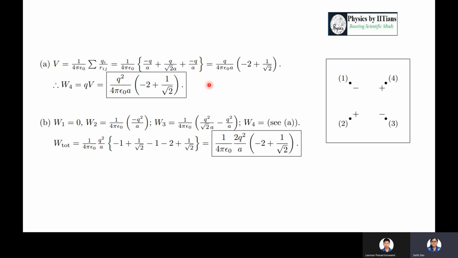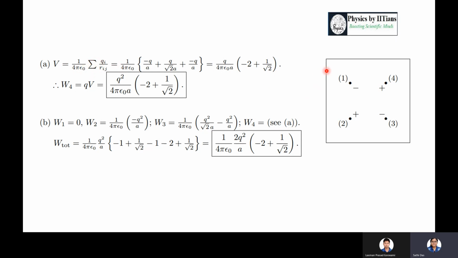So the answer, that we all know, is that the potential for this charge configuration is V equals 1 by 4 pi epsilon naught, sum of Qi by Rij, where Rij is the distance between Qi and Qj. And you have to apply the superposition of charges, or superposition of forces, or superposition of voltages.